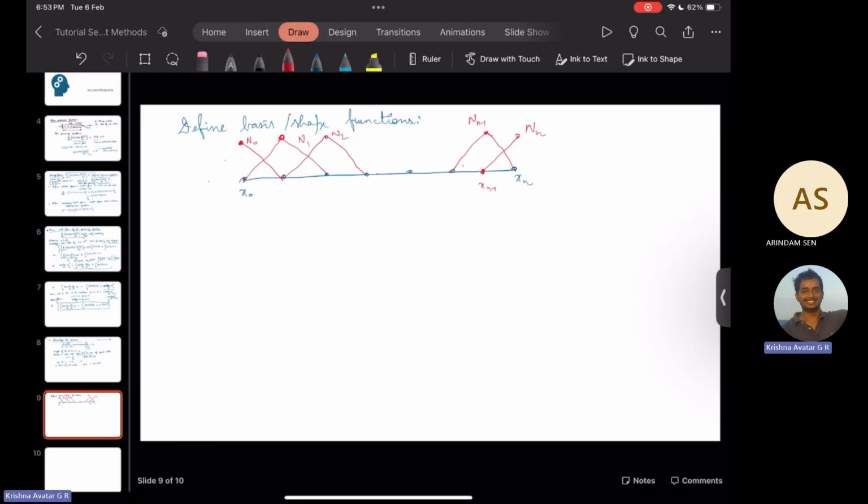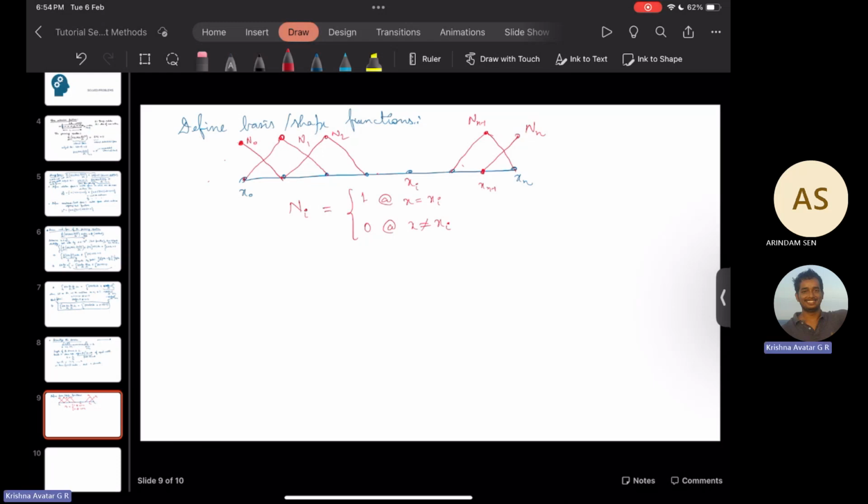So these functions have a property that any Ni, provided that this is node xi, is 1 at x equal to xi and 0 at x not equal to xi.